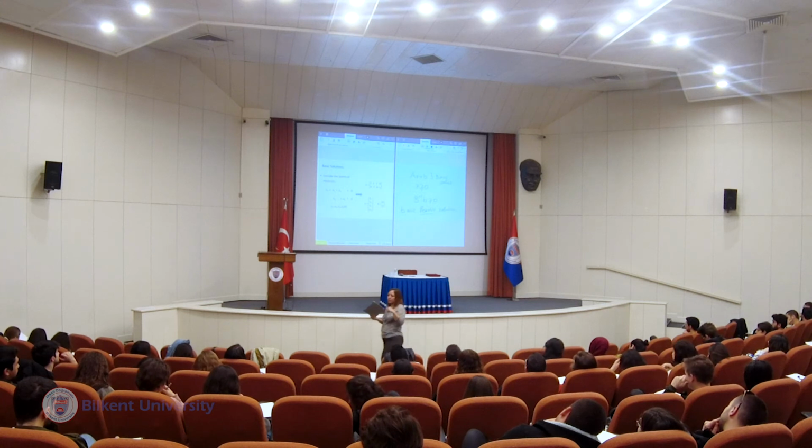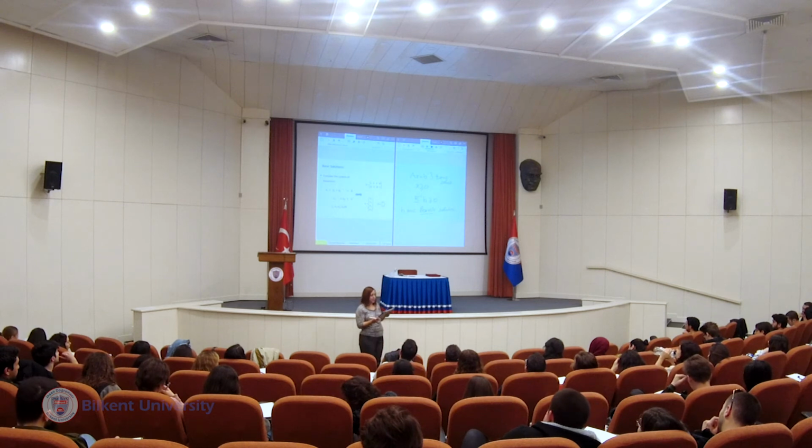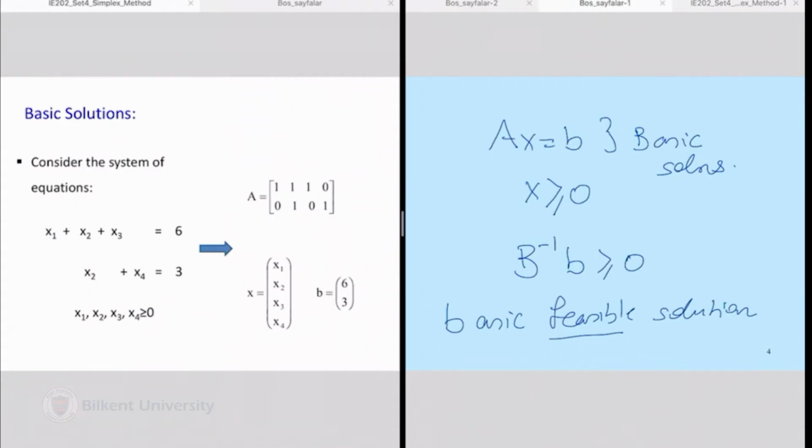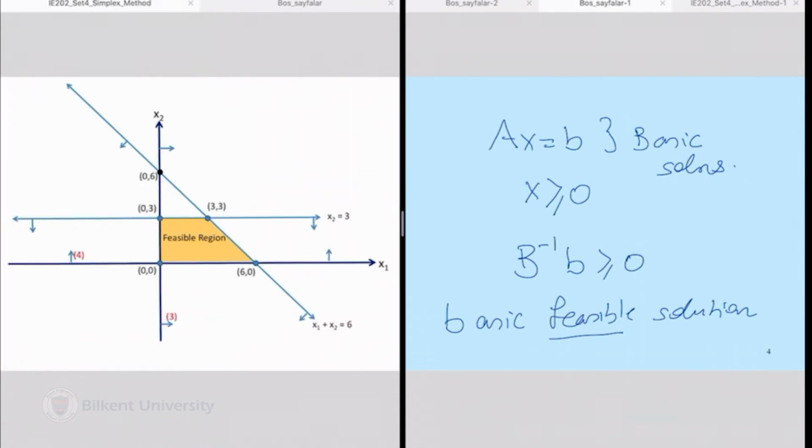I try all possibilities for choose 2 and see which ones result in basic feasible solutions. Not all of them resulted in basic feasible solutions, right? Not all 6 did. There was a one-to-one correspondence between the corner points of this 2 variable LP and our basic feasible solutions.